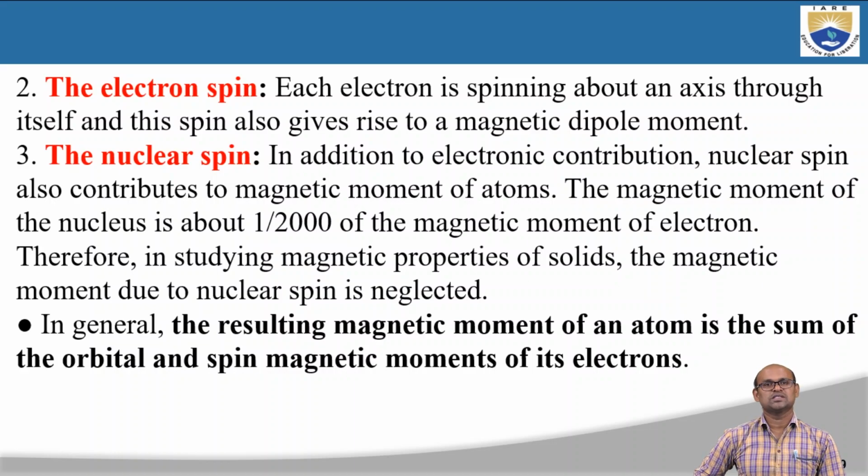So now we have discussed the origin of magnetization, the sources that give rise to the magnetization of a material. There are three sources: orbital motion of electron, electron spin, and nuclear spin.